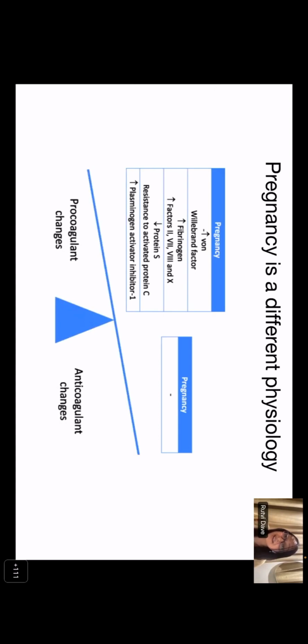But you must understand that pregnancy is a different physiology. Pregnancy is a completely altered physiology, particularly as far as coagulation is concerned, and cannot be seen likewise as a massive trauma, because during pregnancy there is an increase in various procoagulant factors like von Willebrand factor, fibrinogen, factor 8, reduced anticoagulant factors like protein S, and there is resistance to activated protein C. So it's an altered physiology.